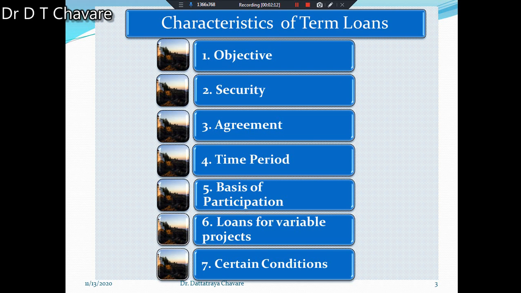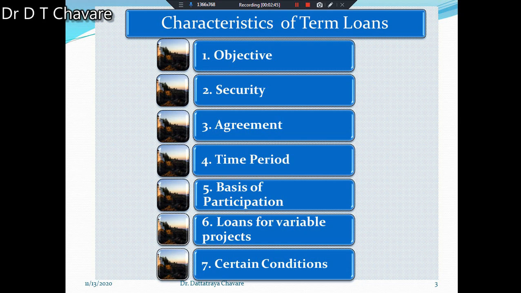First characteristic is objective. The term loans are granted for a particular objective. What are the objectives? First, for establishment, renovation, expansion or modernization of business, a term loan is issued. Another objective is for meeting the requirements of core working capital.